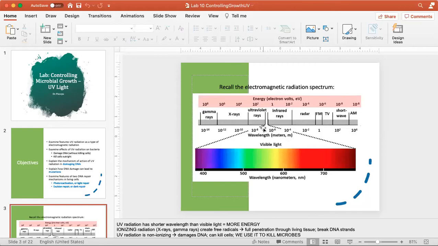But then we hit a change right here at ultraviolet. Ultraviolet has a wavelength of 10 to the minus 8th. So a shorter wavelength than visible light. If visible light's around 10 to the minus 6th, ultraviolet is 10 to the minus 8th. Shorter wavelength, more powerful.